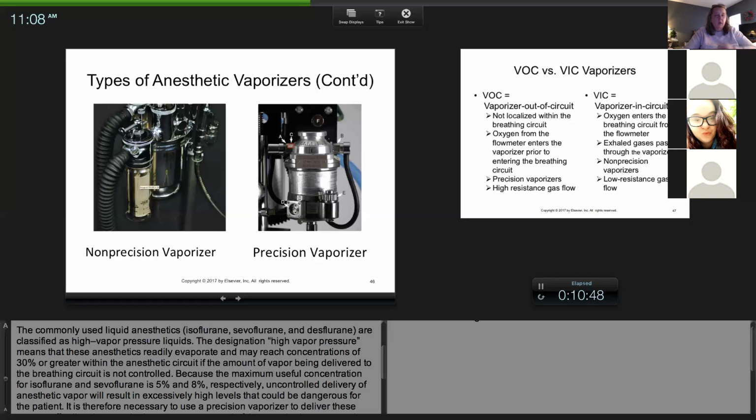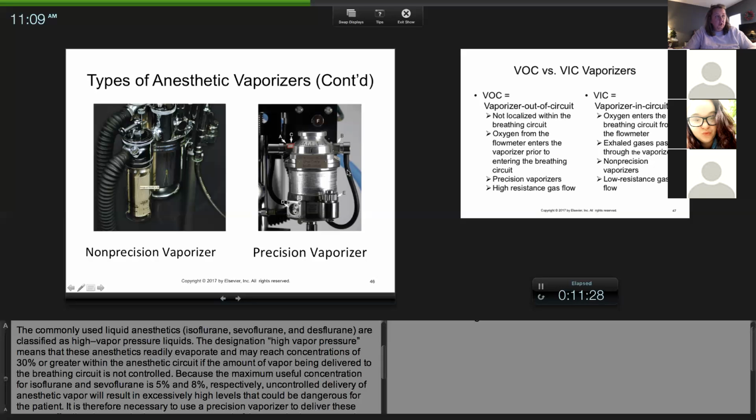Do you see how, and then if your patient dramatically stops breathing, right, all of a sudden, and now they're not pulling as much oxygen through that jar, they could potentially get light or decrease their concentration. So as an anesthetist, you don't have as much control because their rate of breathing is going to affect it in the circuit. So a non-precision vaporizer, and what's not showing in this machine or this picture is letter B is your outlet.